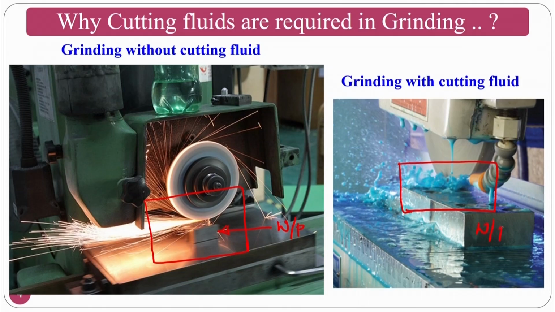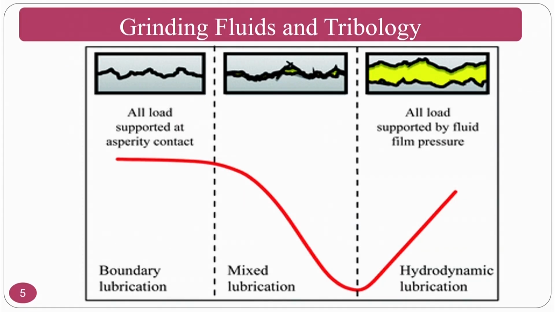This is another workpiece where the wet grinding is going on, here the dry grinding is going on. This is the dry condition, this is the wet condition. Because of these dry and wet conditions, you can improve your workpiece in a great way in terms of metallurgical changes. For that purpose, we need to go for the cutting fluids or the grinding fluids.